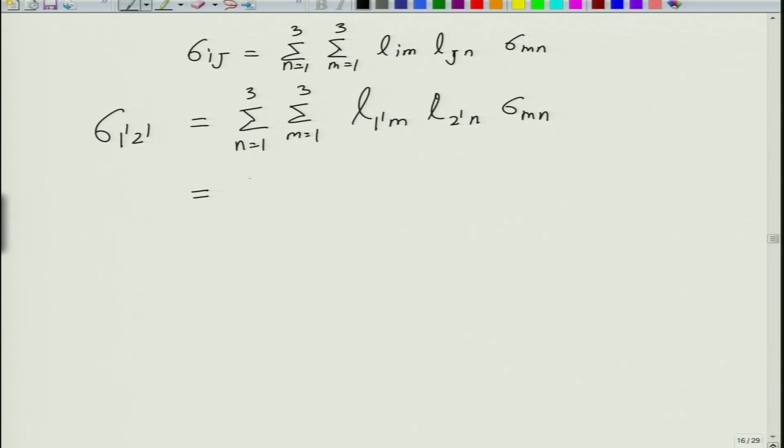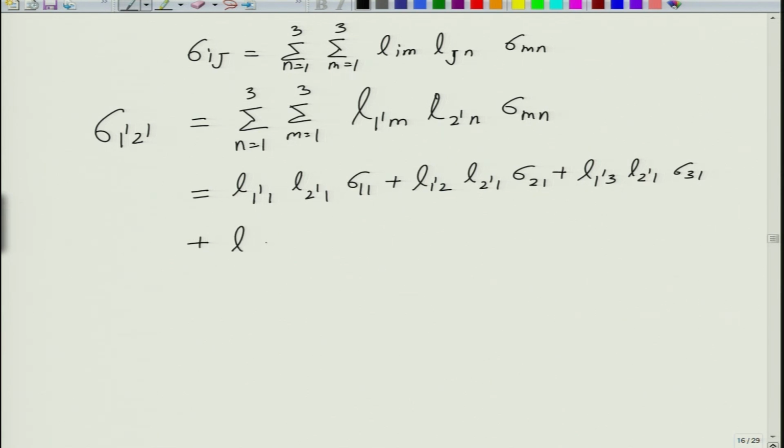So the first term will become L 1 prime 1, L 2 prime 1, sigma 1 1. Now we vary: L of 1 prime 2, L of 2 prime 1 remains, this becomes sigma 2 1, and then 1 prime 3, L 2 prime 1, sigma 3 1.